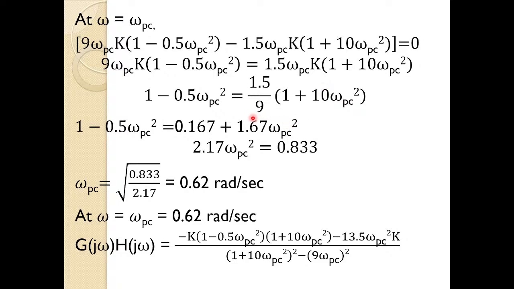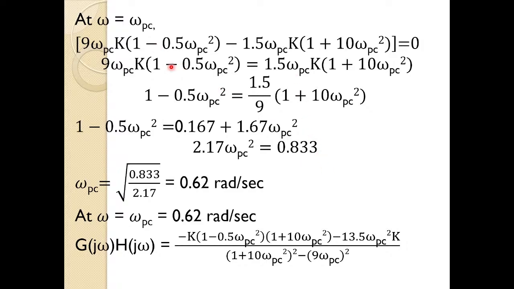Further simplify, you will get 1 minus 0.5 omega square equal to 0.167 plus 1.67 omega pc square. If you simplify further, you get 2.17 omega pc square equal to 0.833.